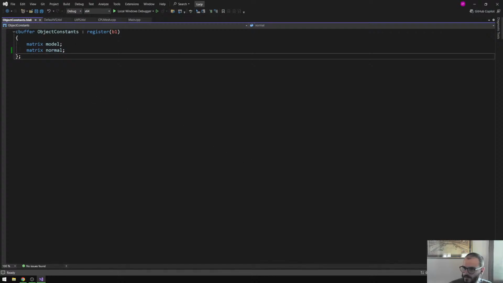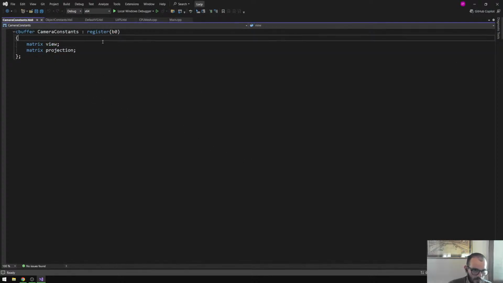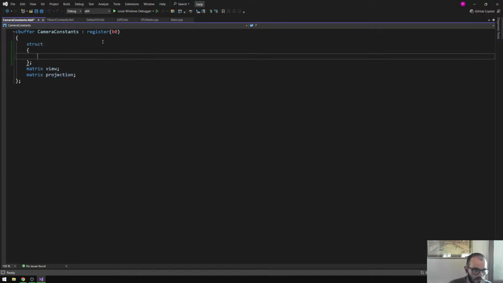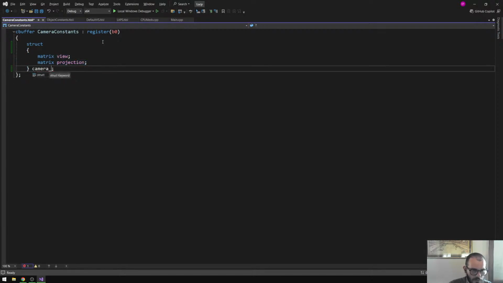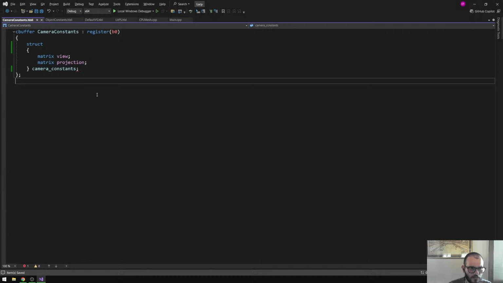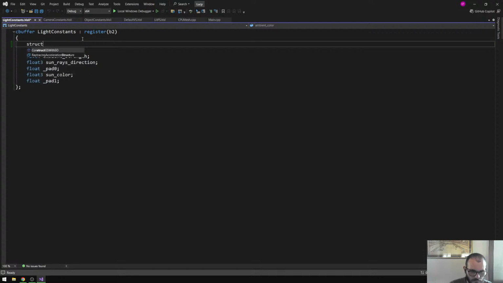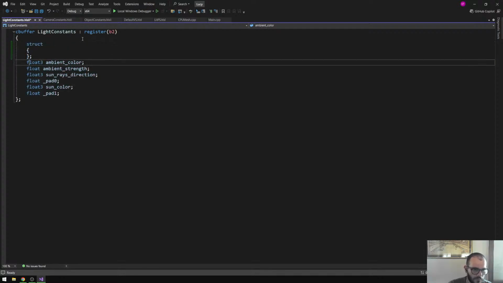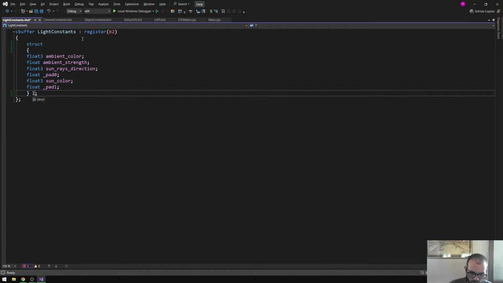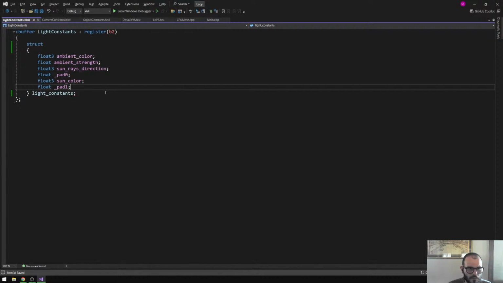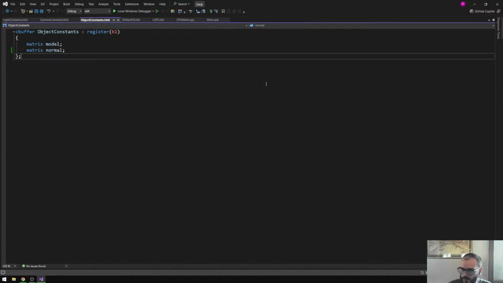So the idea is that I can do camera constants, like struct camera constants. Then I have the light constants, and then I have the object constants.